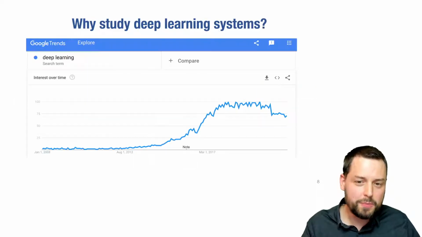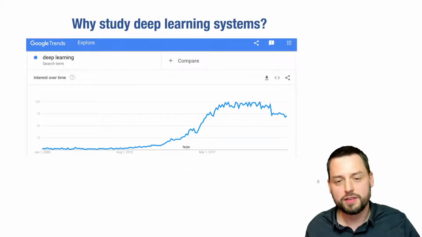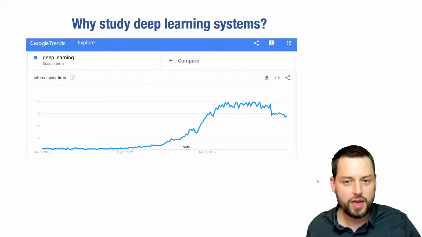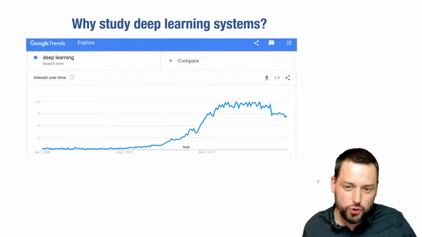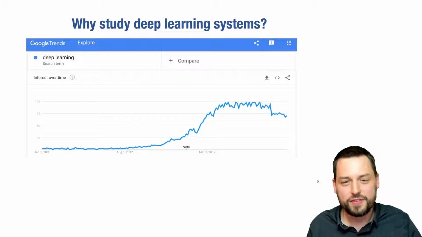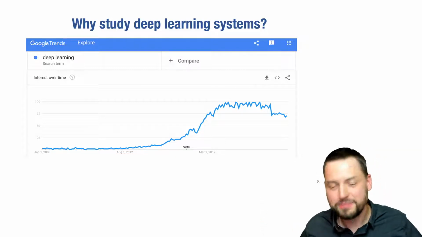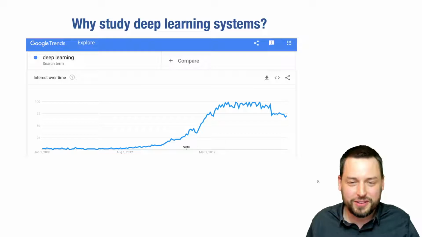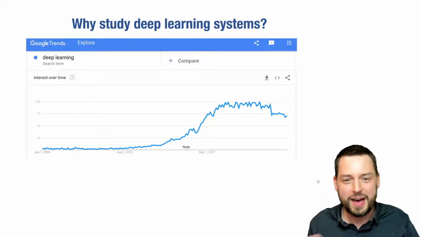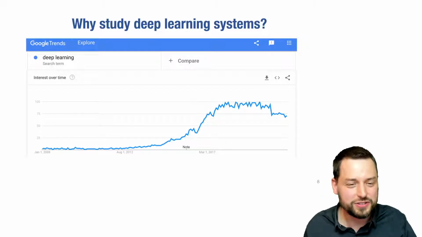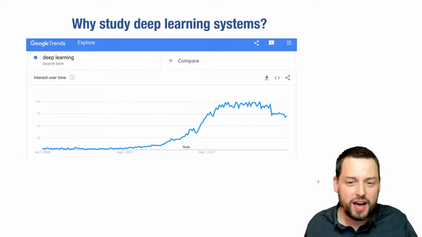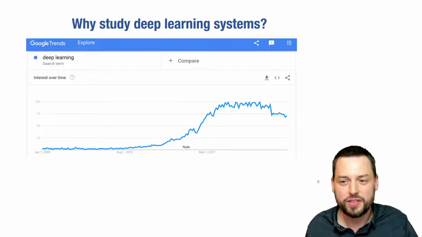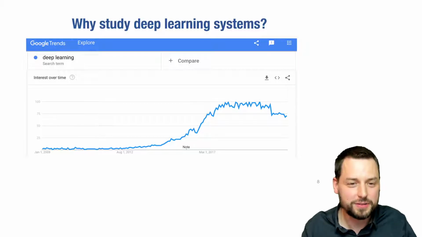And the way I'm going to motivate this is I'm going to show a Google Trends chart of the interest, measured somehow, in the term deep learning over the past 15 years or so, 14 years. And I'm going to annotate this chart with a few events of note.